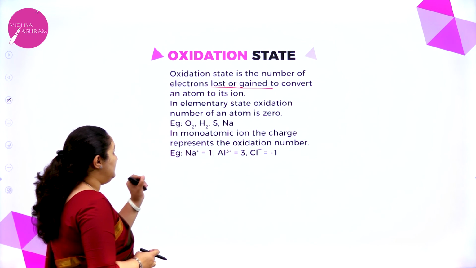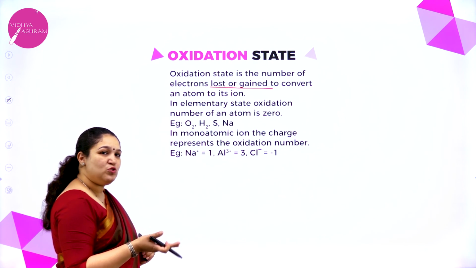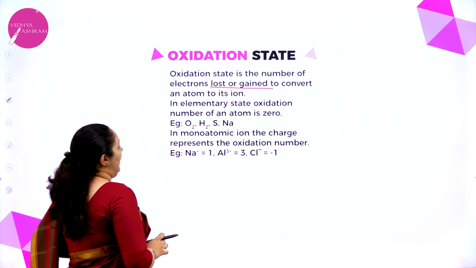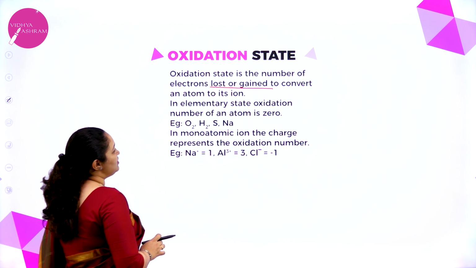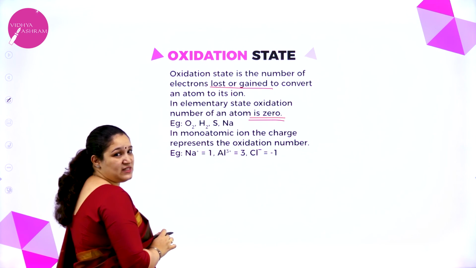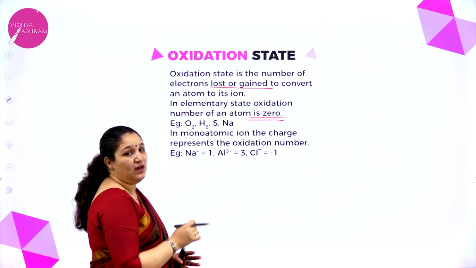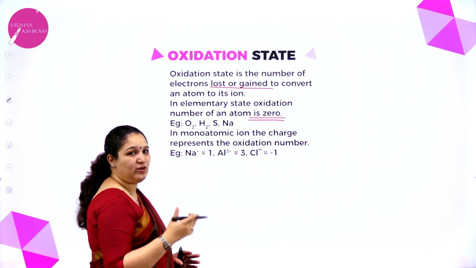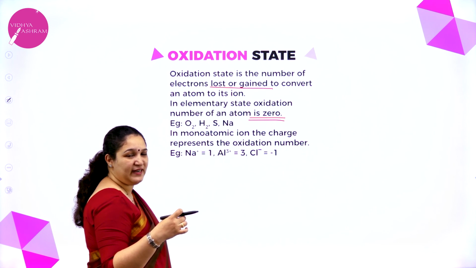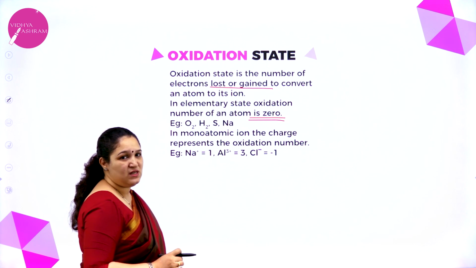So the number of electrons which it can lose or gain, that is called the oxidation number. The oxidation number of an atom is 0 if it is present in the elementary state. For example, for oxygen gas, the oxidation state is 0, hydrogen 0, sulfur 0. In elemental state, the oxidation number is 0.